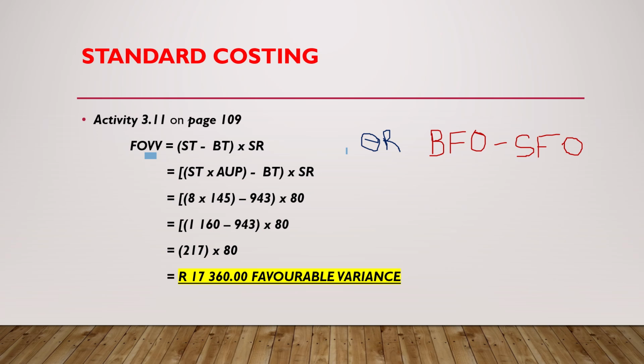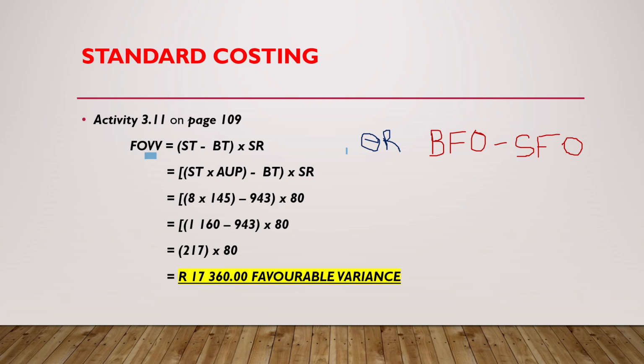Do we have standard time? Yes, standard time is 8 hours. Do we have actual units produced? According to its record, the business actually produced 145. Yes, we have. Do we have budgeted time?